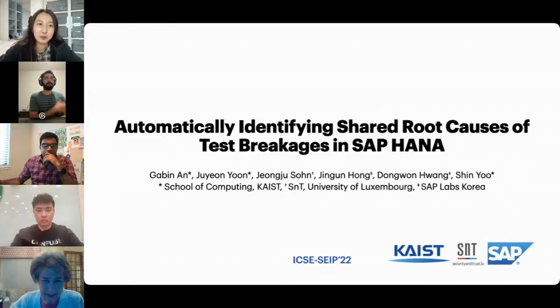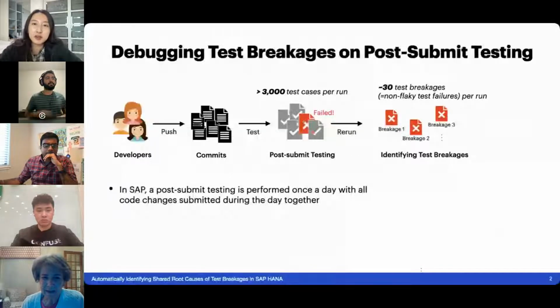Okay. Hello, everyone. Today, I'm going to present our paper, Automatically Identifying Shared Root Causes of Test Breakages in SAP HANA. So let me start with explaining the post-submit testing process performed in SAP. The test run is performed once a day, aggregating all code changes together.